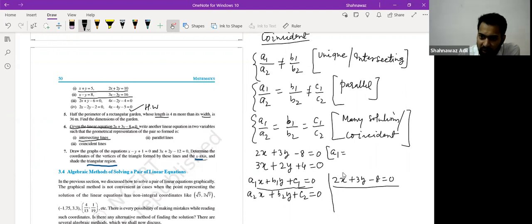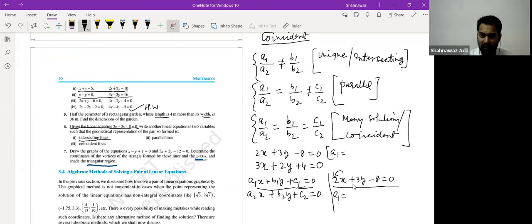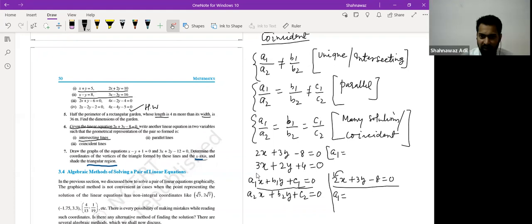So x has a coefficient, meaning the number beside the variable, right? So x has coefficient A1 here, and here x has 2.